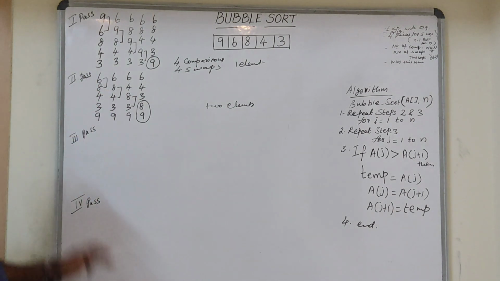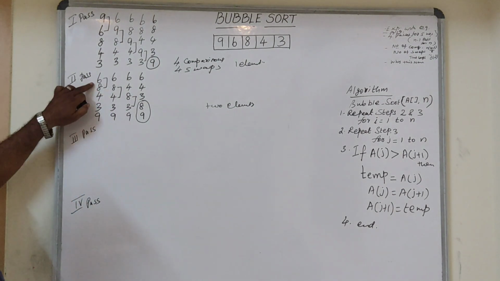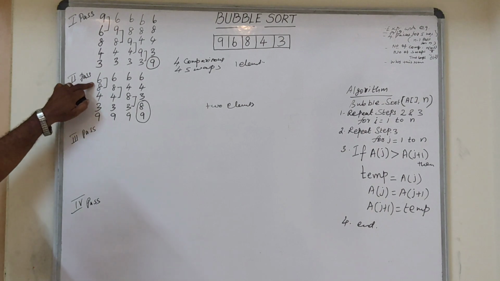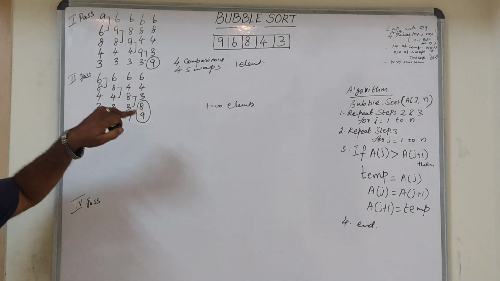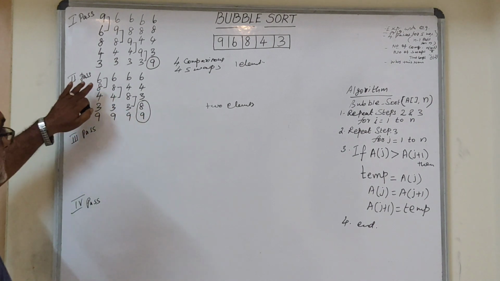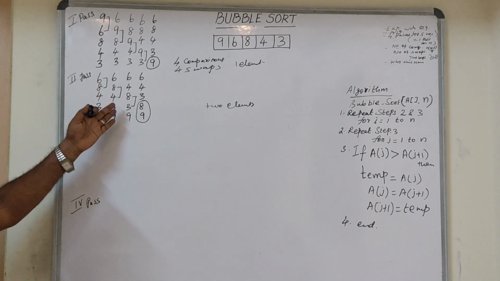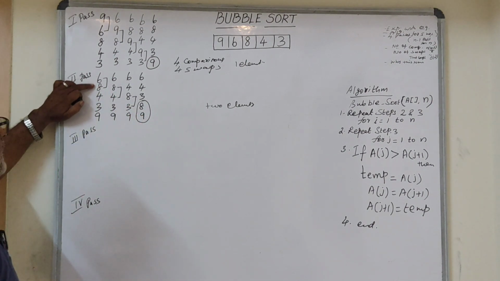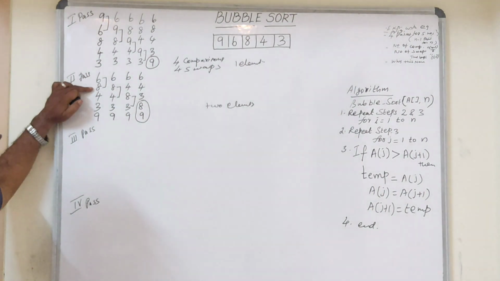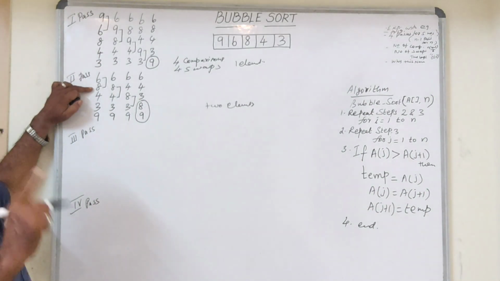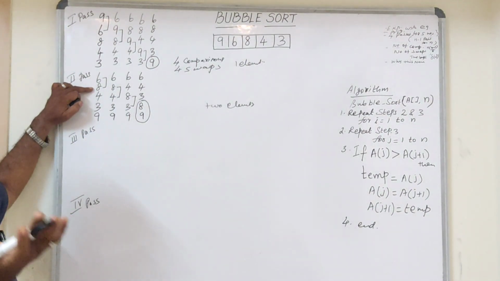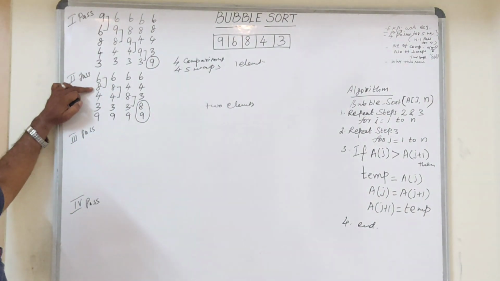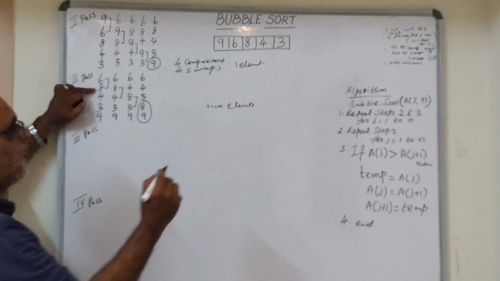How many comparisons have we done? We have performed 3 comparisons. As far as swaps are concerned, we have performed only 2 swaps, because here we have not done the swap, so we can take that into account. Suppose the value is bigger, definitely we would have performed 3 comparisons and 3 swaps.